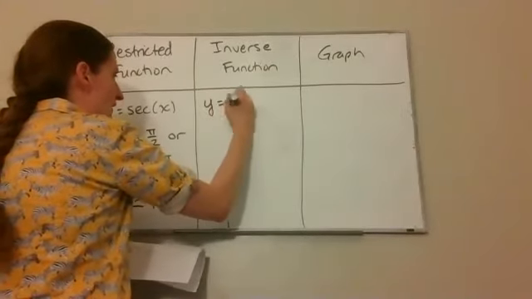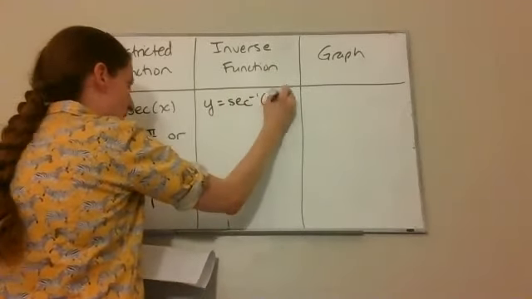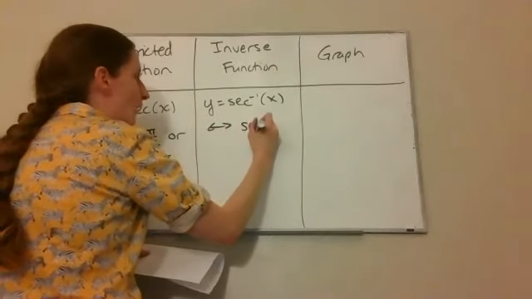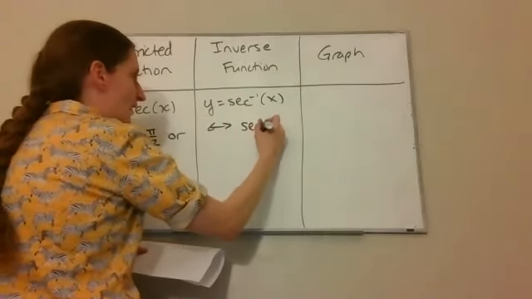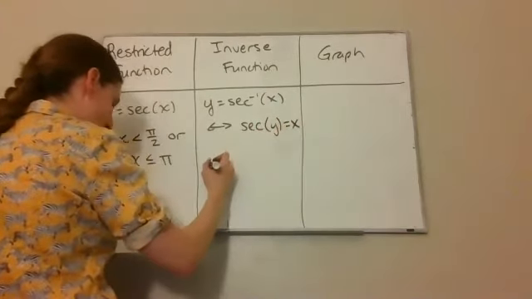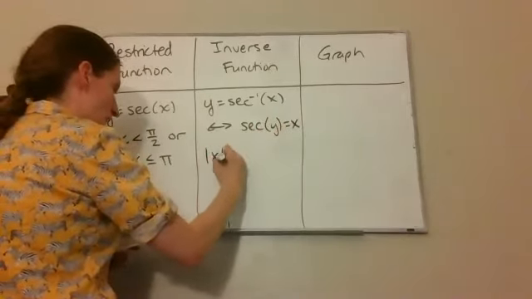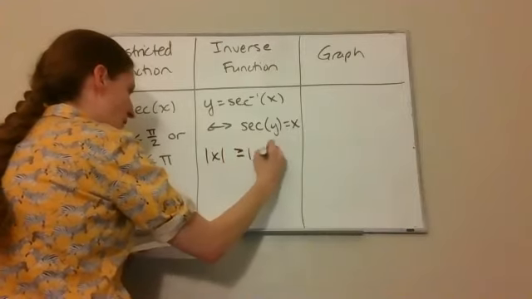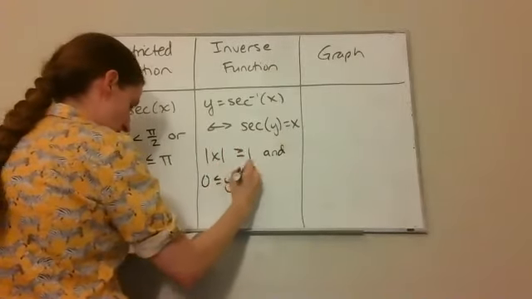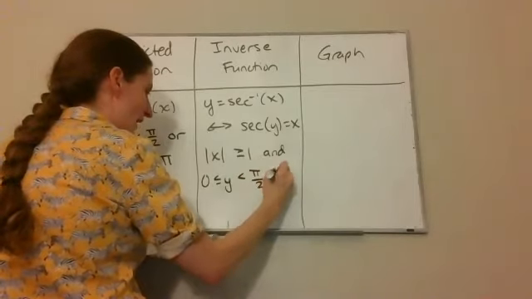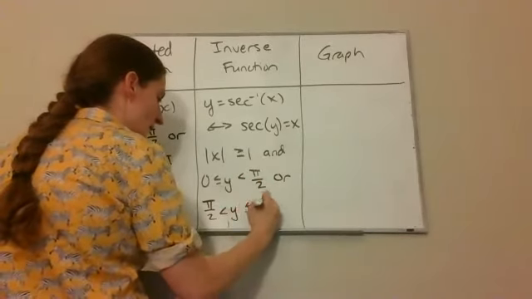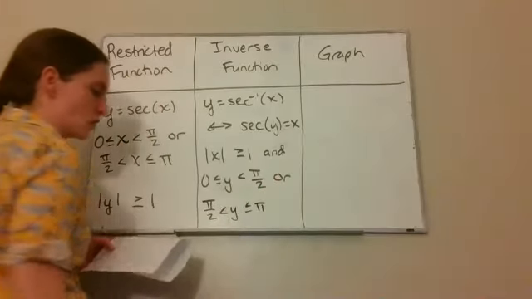Then my inverse secant is defined as y equals inverse secant of x if and only if secant of y equals x, where the absolute value of x is greater than or equal to 1, and our y is between 0 and pi, but not equal to pi over 2. So again, the domain and the range flip.